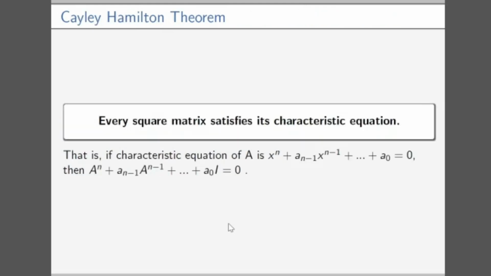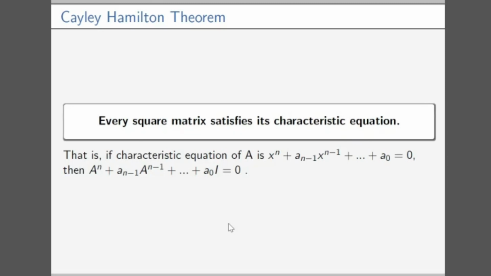Next, we have a famous theorem which is called the Cayley-Hamilton theorem. That is, every square matrix satisfies its characteristic equation. So if we are given a matrix A and its characteristic equation is x raised to n plus a n minus 1 x raised to n minus 1 plus etc. plus a naught equal to 0.